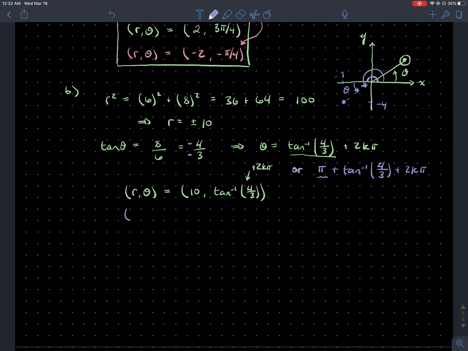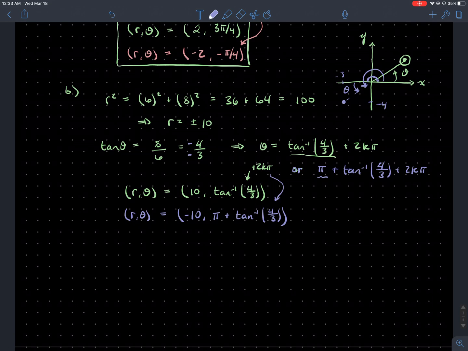And we can also have a representation for negative radii. So negative 10, and we could take pi plus tangent inverse of 4/3. And this also applies for down here.